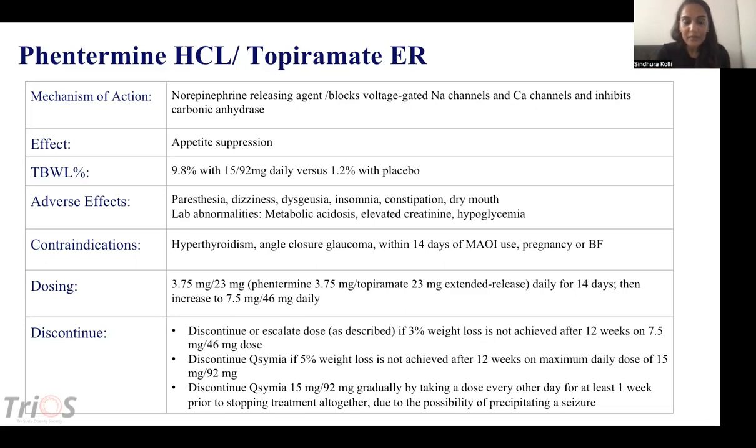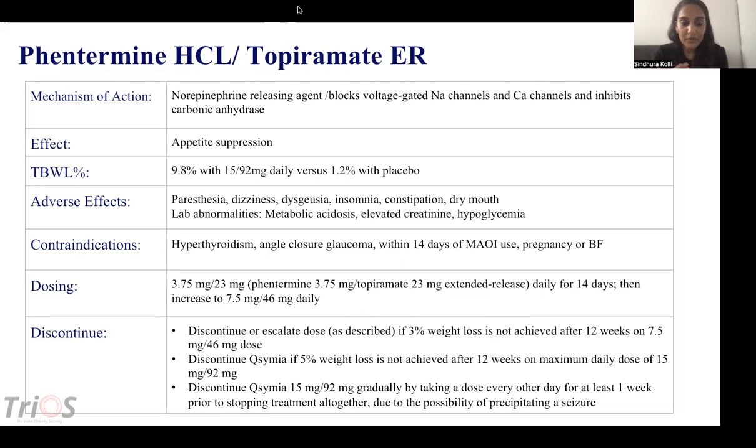We decide whether this medication is efficacious for a patient by generally having them on a medication for 12 weeks. If they're unable to achieve about 3% of their total body weight loss on a 7.5/46 milligram dose, then this is not the medication for them.